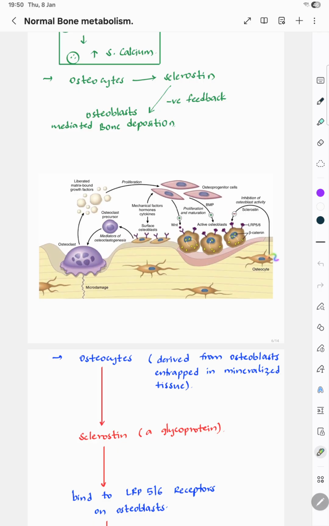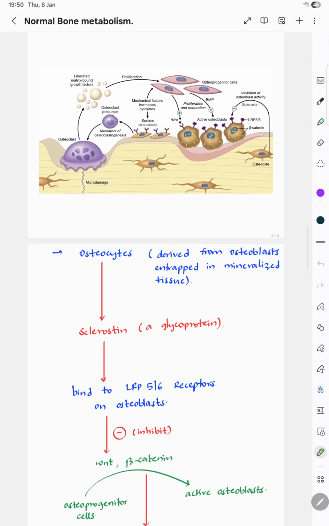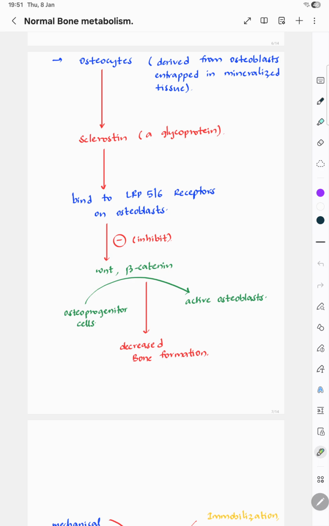The osteocyte releases the sclerostin that binds to LRP5/6 receptor on osteoblast and inhibits the conversion of osteoprogenitor cells into active osteoblasts by blocking the WNT and beta-catenin pathway for the formation of active osteoblasts. This is the flowchart depicting the image.